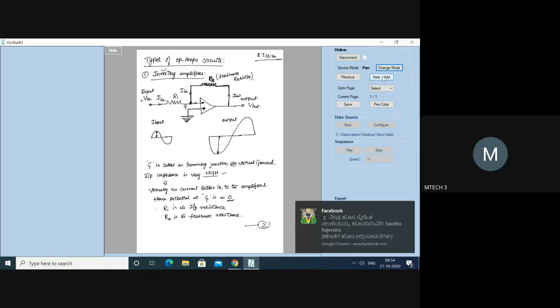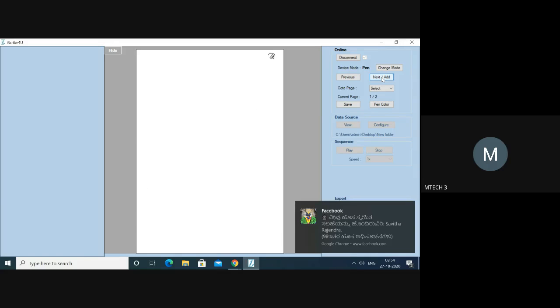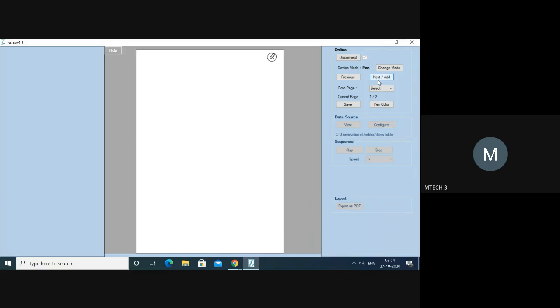Now, according to KCL, KCL is nothing but Kirchhoff's current law. Please note down what I am writing now.